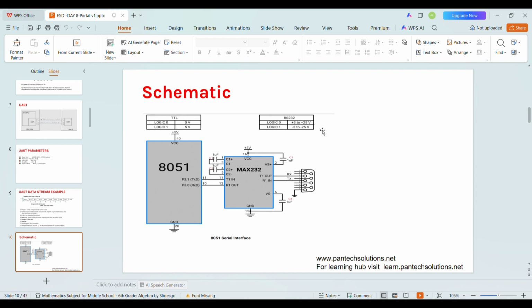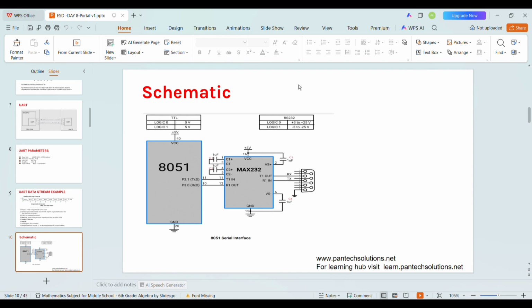And RS232 is a protocol that defines how to send and receive serial data. It has logic 0 for the 3 to 25 volt range and logic 1 for the -3 to -25 volt range. These are the accompanying things used for serial data communication.